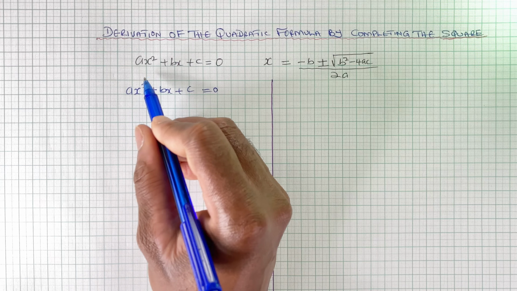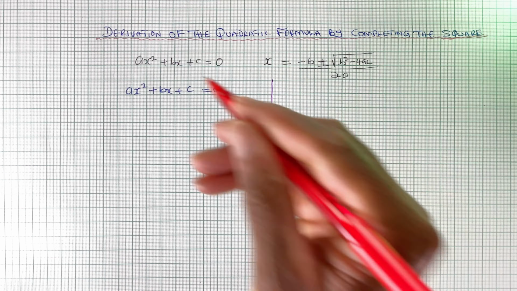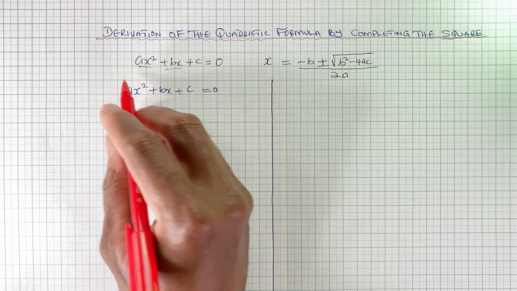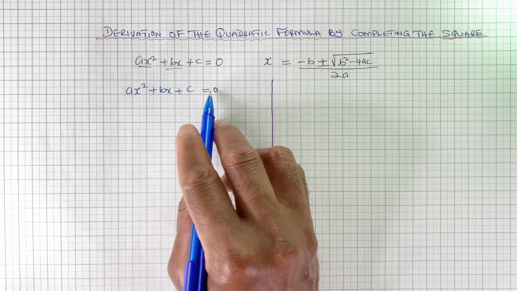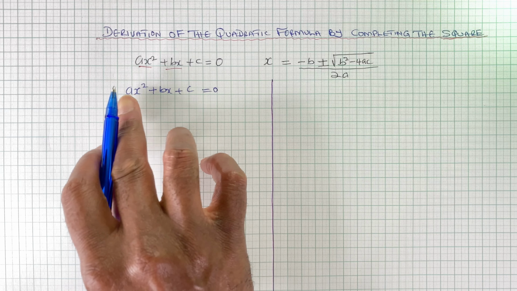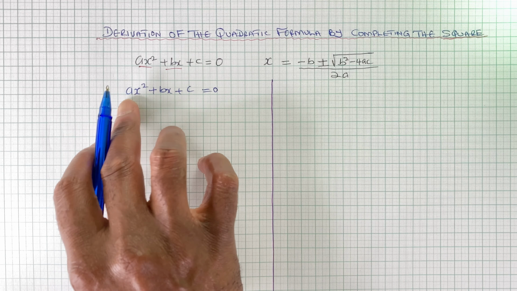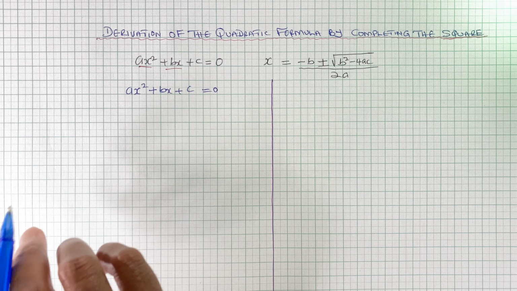But in order to apply completing the square, which only applies to the first two terms, a has to be 1. Because a has to be 1, I have to divide through by a. Because there's an equal sign, I can do that. Otherwise, if there was no equal sign, I would have to take a out of the first two terms, and then do completing the square on them.